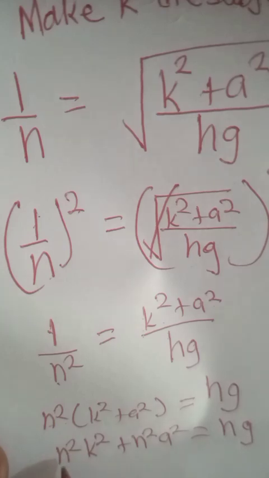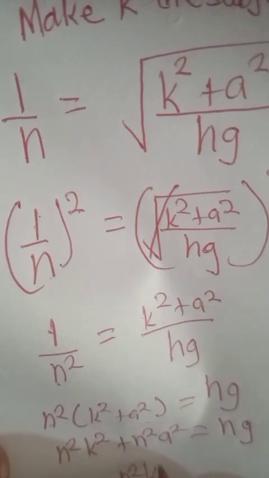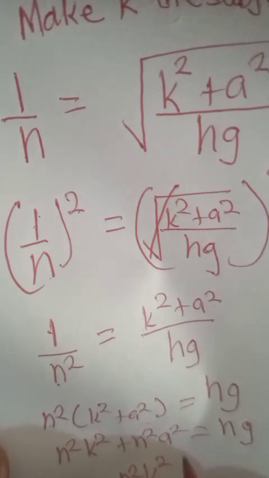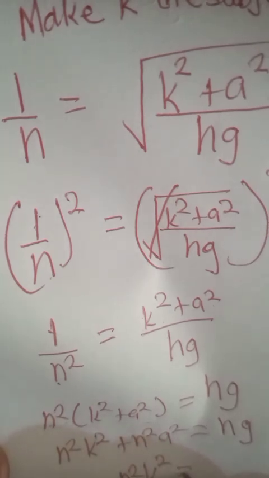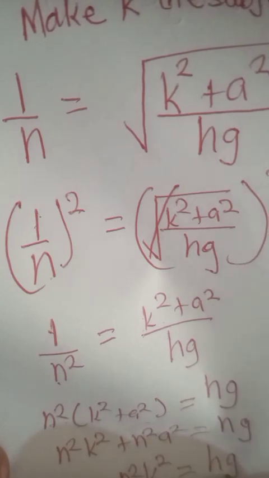Right, so the term that contains the k is n squared k squared. So we have to eliminate whatever is attached to it. We have n squared k squared, then we subtract n squared a squared from this, and that will give us 0, and then we subtract it from the right hand side as well.